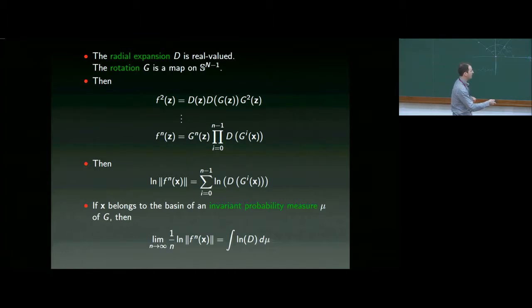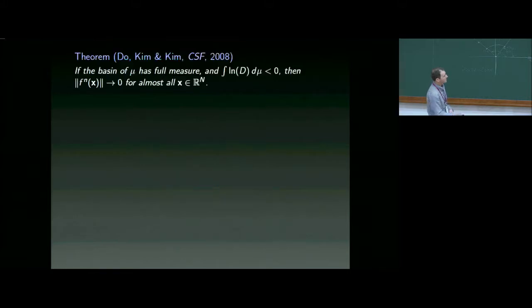From this formula, we can see that if the average value of log d is negative, then the length of the nth iterate has to go to 0. So it means that iterates converge to the origin. Alternatively, if this average is bigger than 0, then orbits will diverge. Cool. Okay, so this framework was all done by a Korean group about 10 years ago.